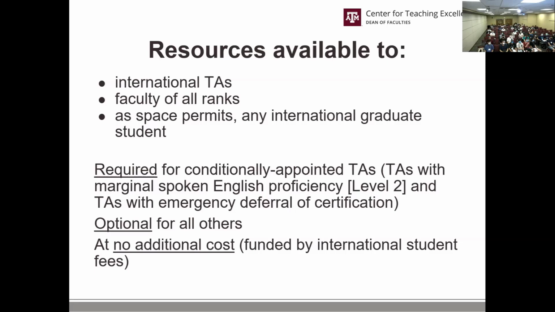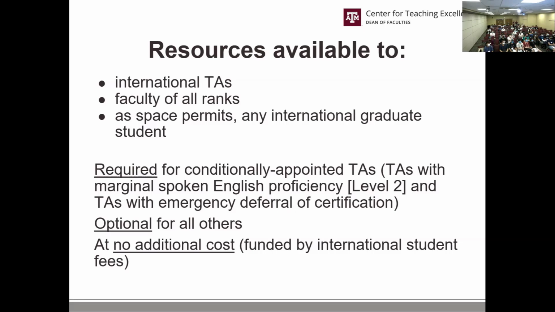So our program is mandatory for a few people, and maybe you're in this room because you're one of those people, or you wonder if you're one of those people. So you'll find out soon when I show you a chart. Our program is mandatory for current teaching assistants who are not yet level 1 certified, who are not level 1 based on the university's classification system, which we'll cover soon.